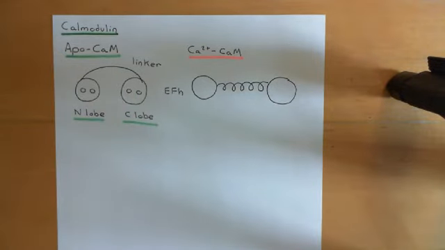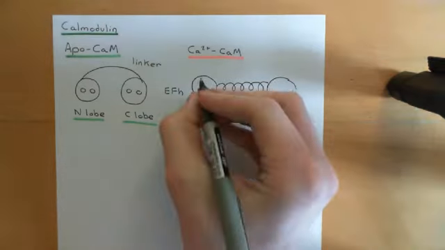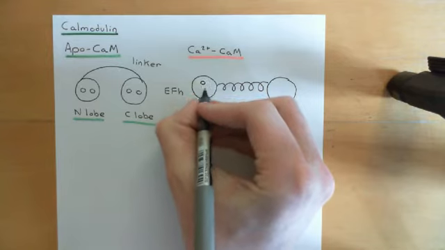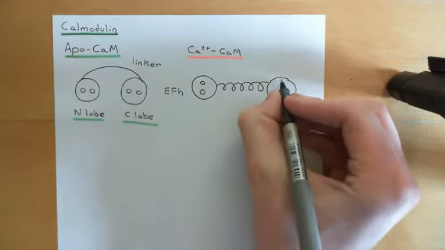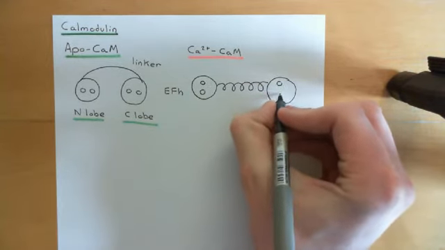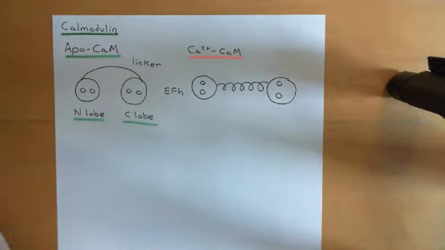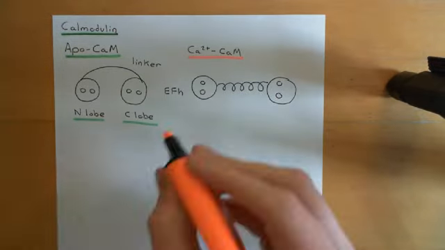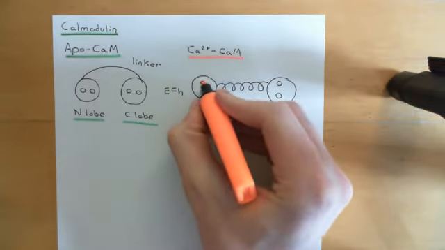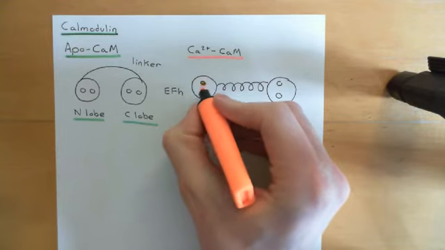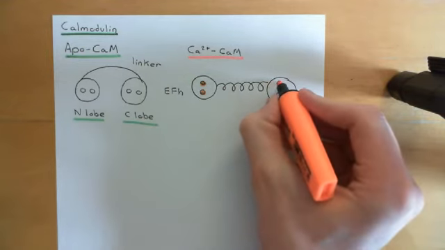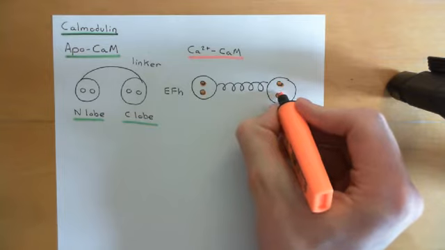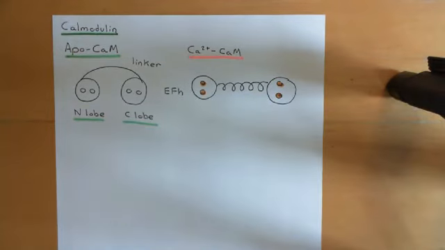In addition, that linker between the two lobes has changed from being a linear polypeptide to being alpha helical in nature. Okay, and this is the change that you've got when two calciums are bound in each of the EF hand domains on each of the lobes. So here are two calciums bound to these two calcium binding sites on this N lobe, and here are two calciums bound to these two calcium binding sites on the C lobe here.